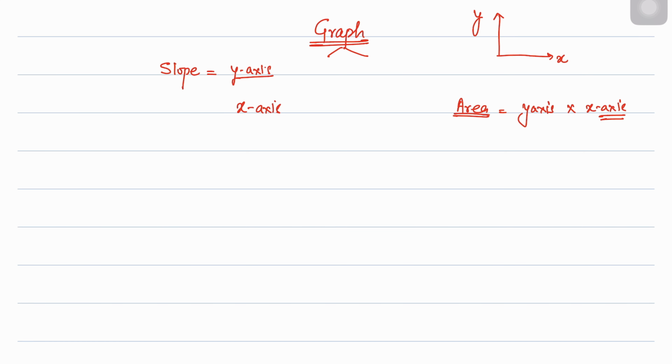As per our syllabus, we have three different types of graphs. Let's see type 1. This is called the position time graph. Here is your time, here is your position. This is also called distance or displacement, for your understanding. What can we observe from this graph?